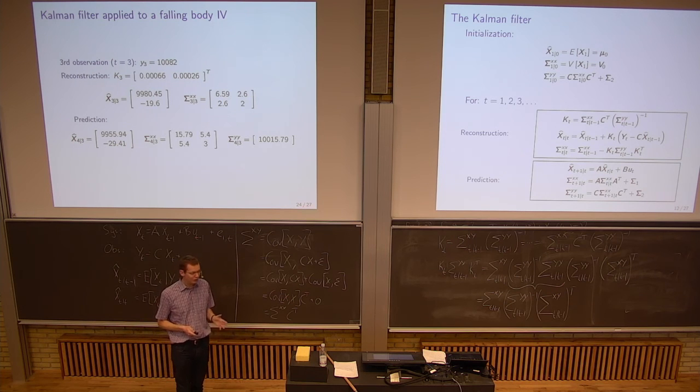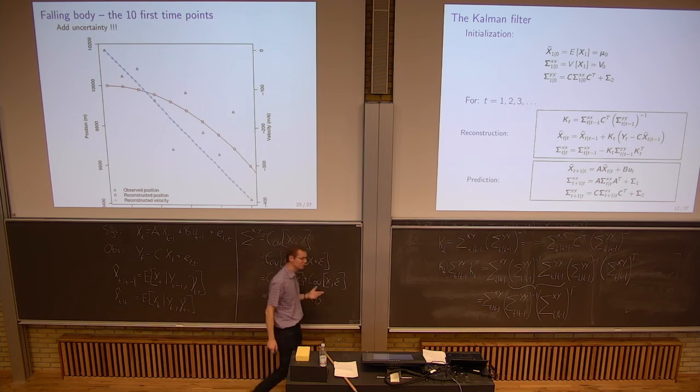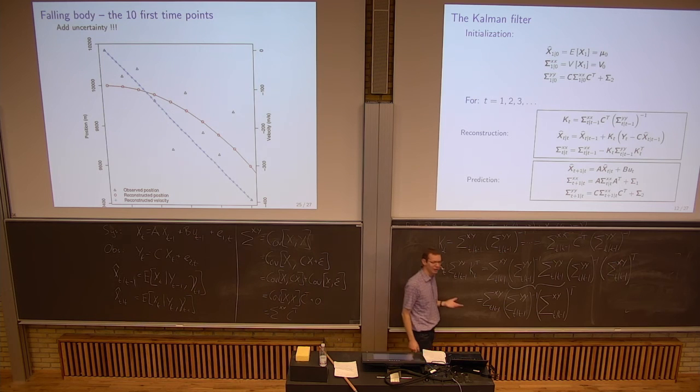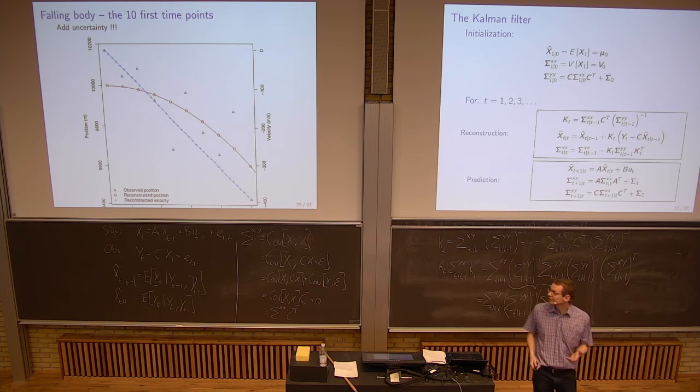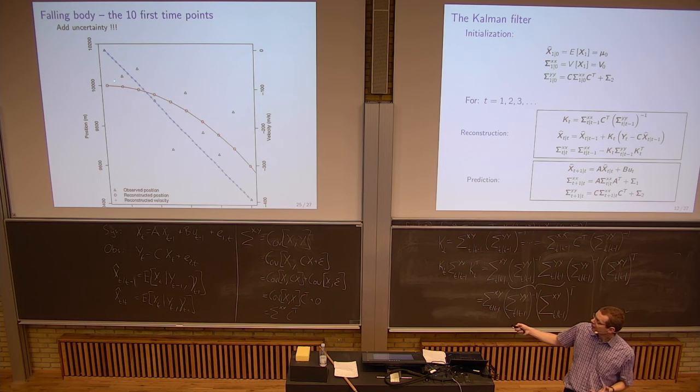If I do this, what I get out is something like this. These are just the first 10 steps. Some observations, how they are around here. The red line is the reconstructed position, and the blue is the velocity using this scale over here.